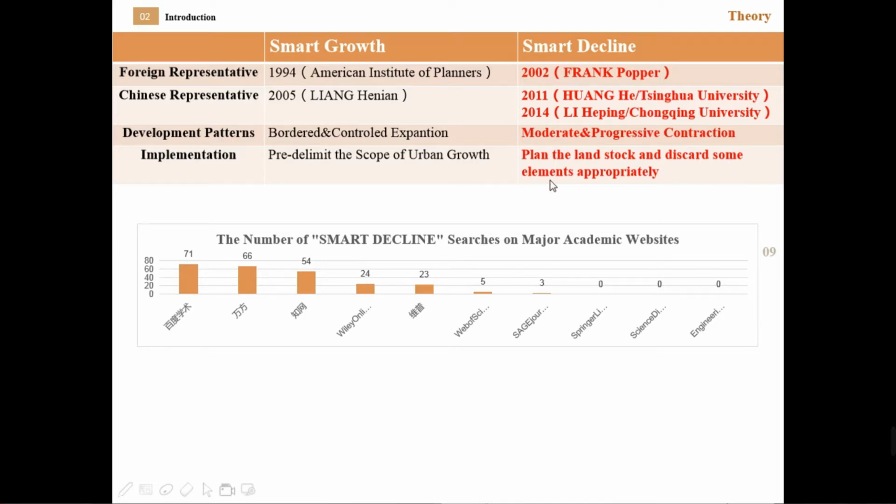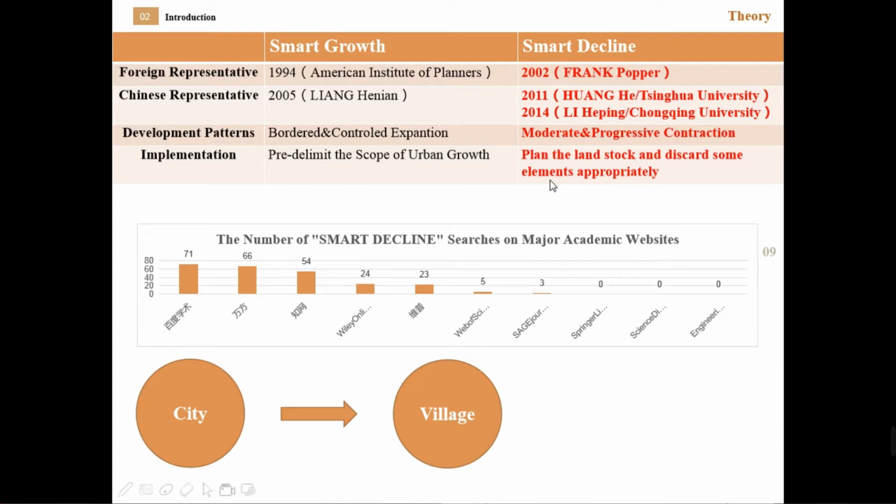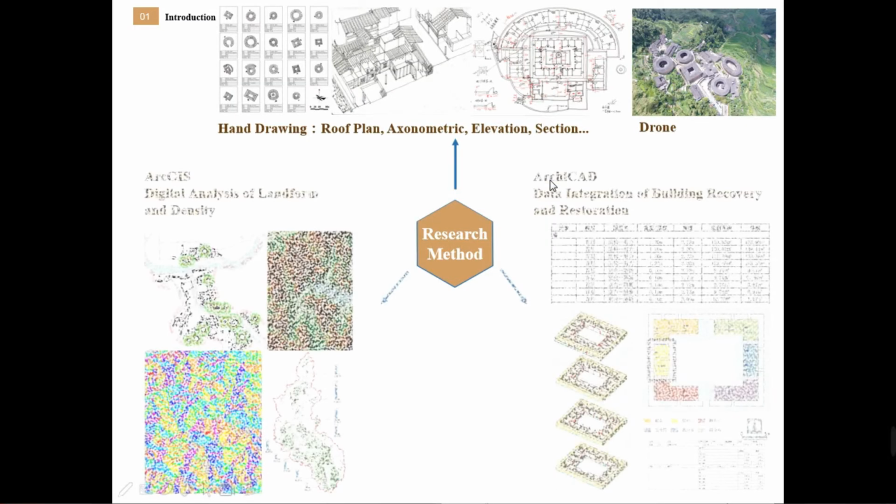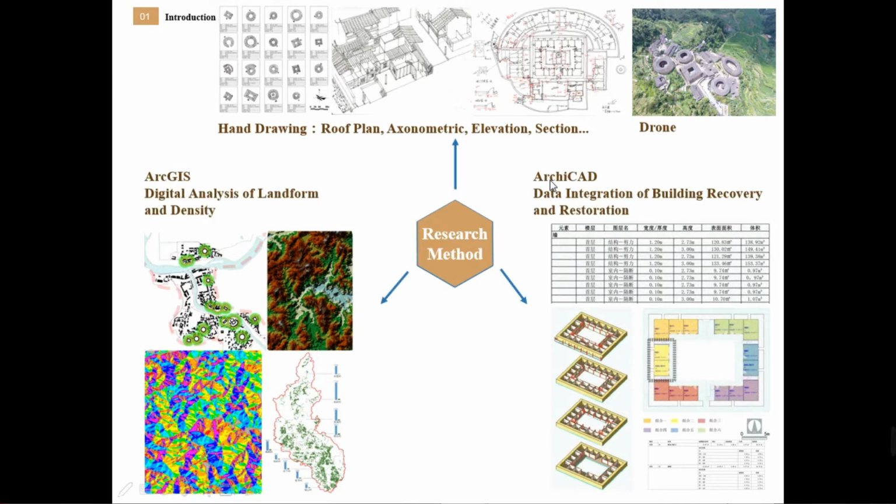So from the city scale, Chinese researchers have moved into the village field, and more specifically, I would like to put that theory into the research field of Hakka villages and have a try to see if it works. Those are my research methods: sketching and drawing, statistics, ArchiCAD, ArcGIS and so on.